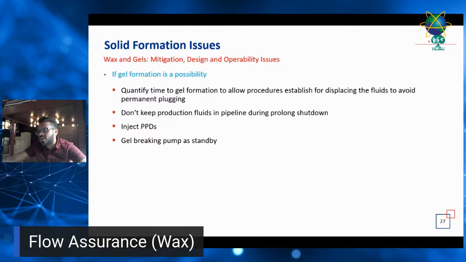We can displace from the topside using hot oil, or any displacing fluid, or dead crude, to displace the whole fluid in your flow line. So do not keep fluid in the pipeline during a prolonged shutdown, because if you keep it too long, there is the possibility of gel forming.